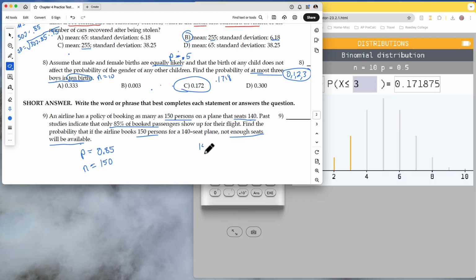Well, at least 141 showed up, or maybe 142 or higher, right? So more than 140. So x has to be greater than 140, or x has to be greater than or equal to 141. So these are equivalent for this distribution.